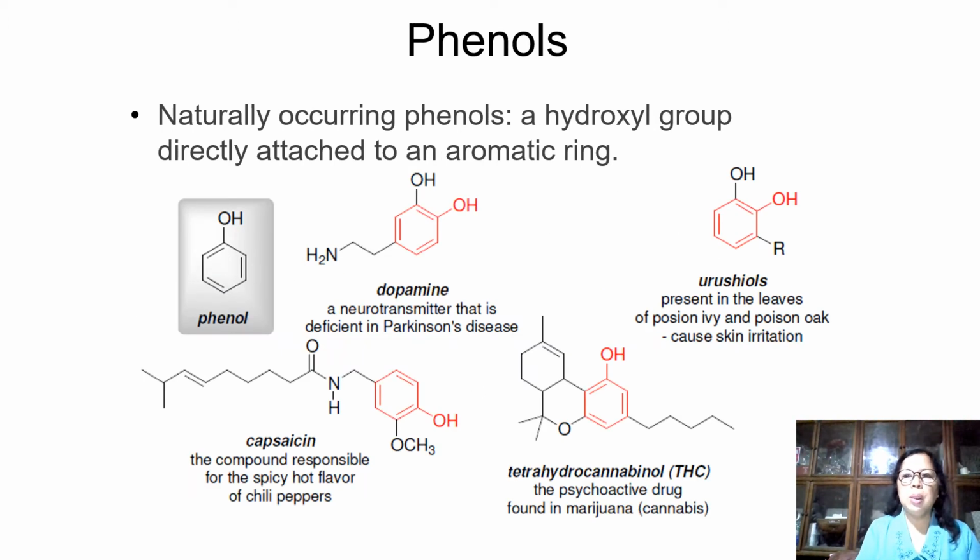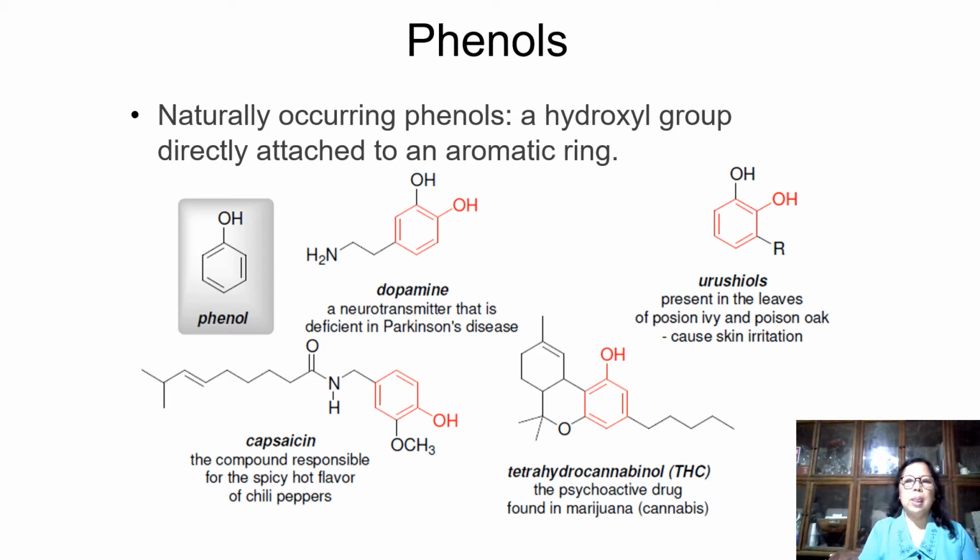And then we have also aromatic alcohols or the phenols. I have introduced to you the phenol, and then this is the dopamine. Usually you can hear the dopamine as something that increases your attraction or your movement towards a certain thing.